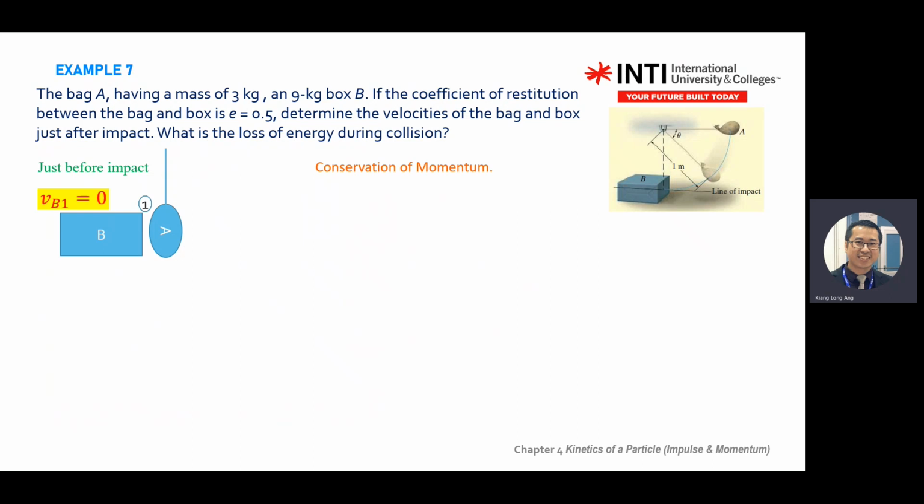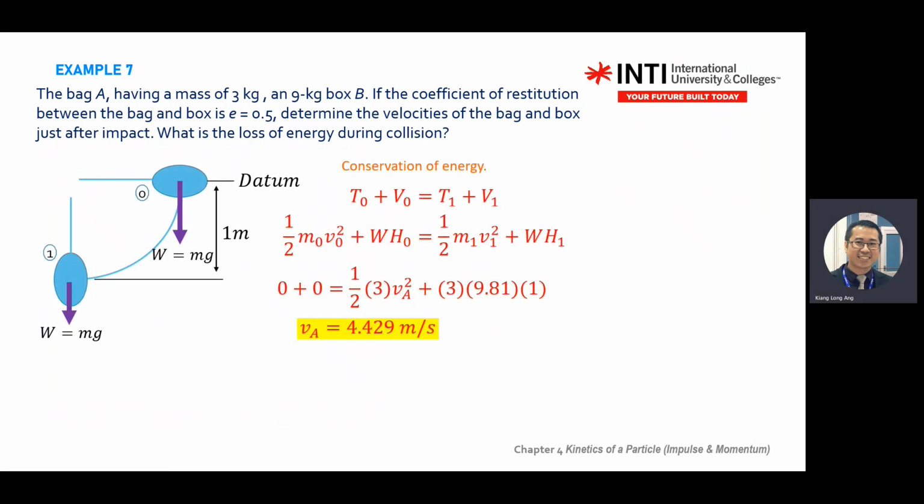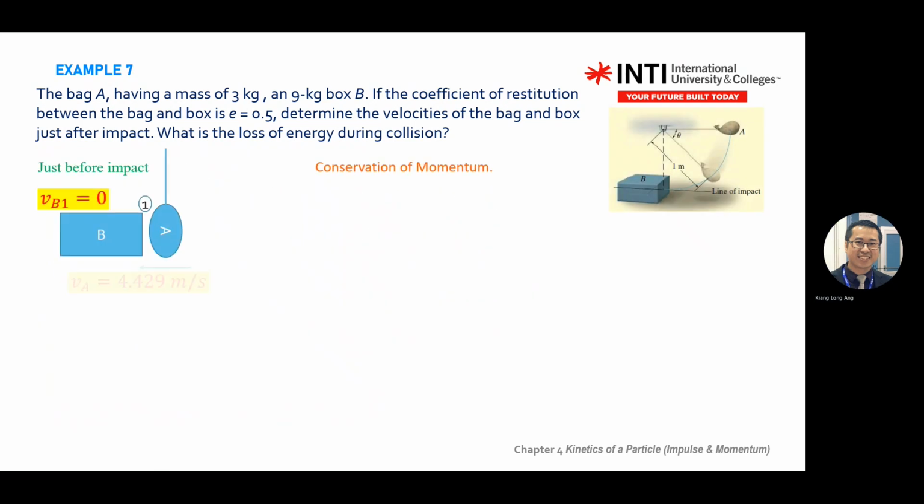A hits B, so B before impact does not move, but A comes in with the maximum velocity. Just now you defined, right? This is the velocity that comes in and hits the box.